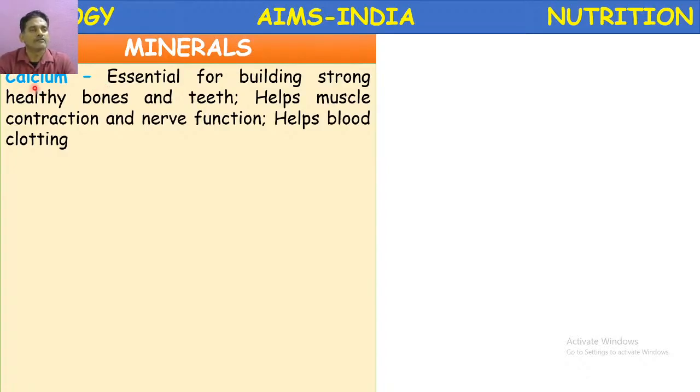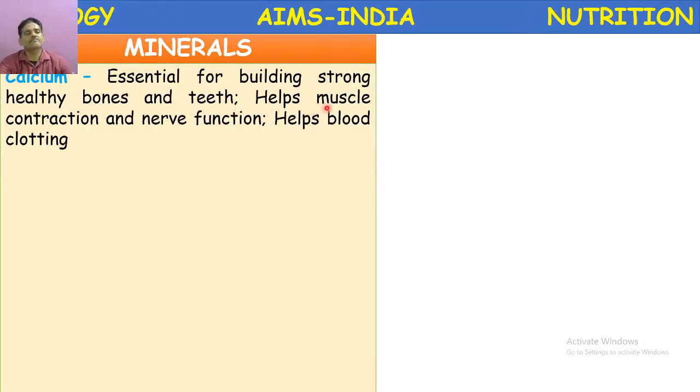So some of the important minerals and their functions, let us go through. Calcium. Calcium is essential for building strong, healthy bones and teeth. As we already studied, calcium along with vitamin D is required for formation of strong, healthy bones and teeth.